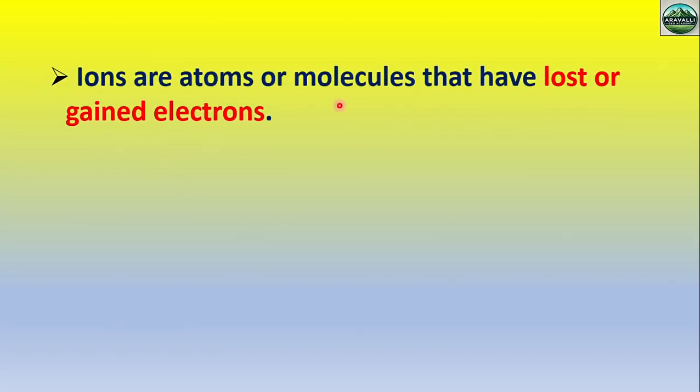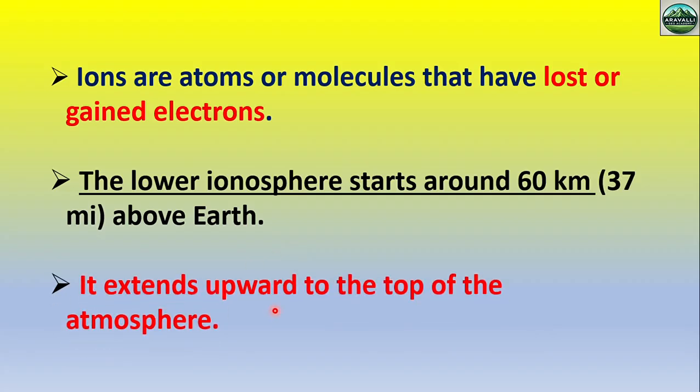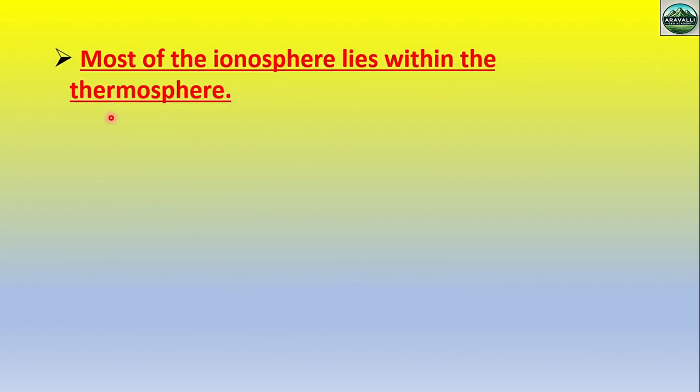Ions are atoms or molecules that have lost or gained electrons. The lower part starts around 60 kilometers, and the top part is not defined, but extends upward to the top of the atmosphere. Most of the ionosphere lies within the thermosphere. This point is very important.